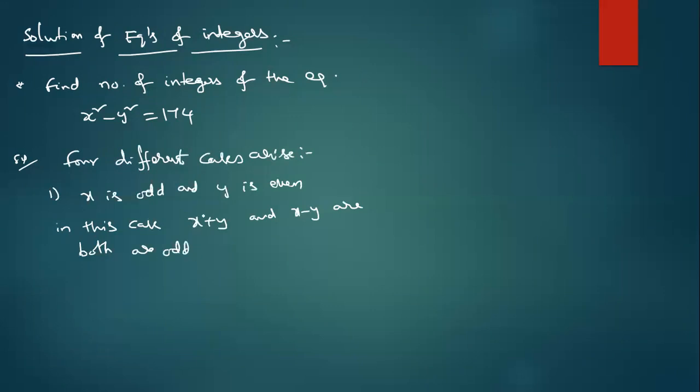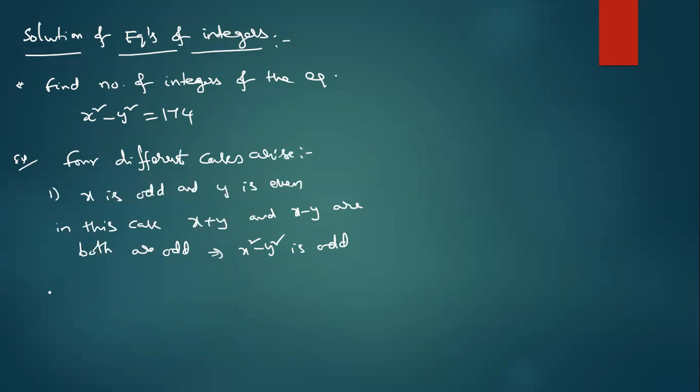That means x square minus y square is the multiplication of two odd numbers, which gives an odd number. But the right-hand side is an even number. So this case fails. X odd, y even is not possible.